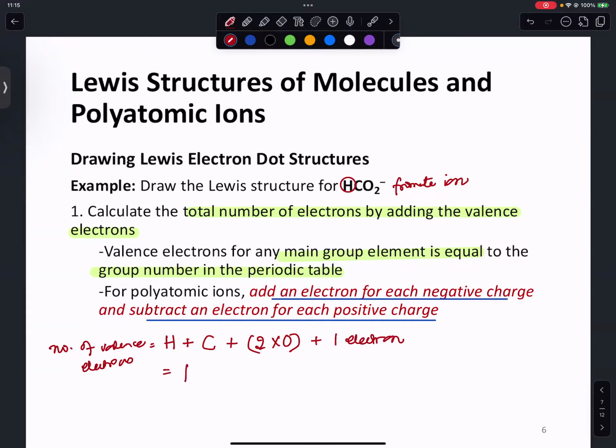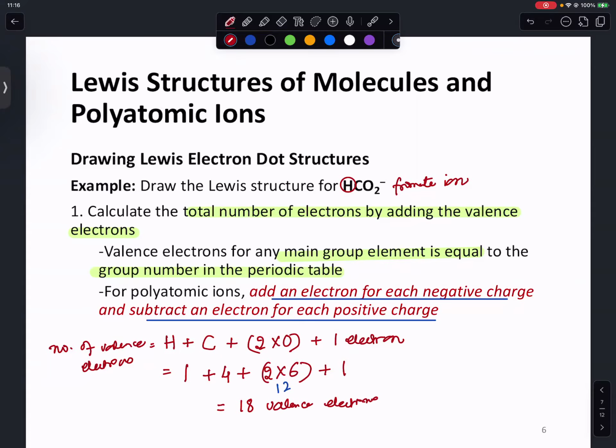And I'm going to say 1 because hydrogen is in group 1, and then 4 for carbon, and then 2 times 6 because oxygen is in group 6, plus the 1 electron. So we have here 12 plus 4 is 16, 17, 18. So we have a total of 18 valence electrons.